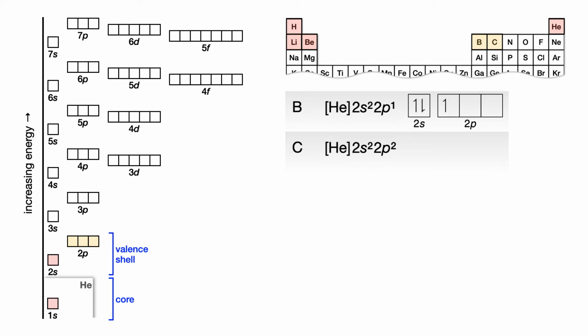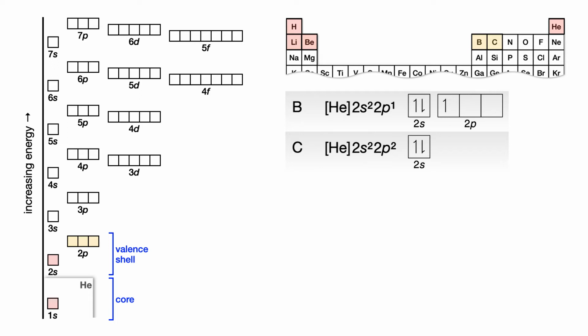And now when we come to write the orbital diagram, the 2s2 electrons will be paired up in the 2s orbital, but there are a few choices that we have for where the electrons can go in the 2p sublevel, and that's because there are three orbitals in that sublevel. We can put the first electron into any one of the three. That doesn't really matter. But for the second one, we actually have three choices.